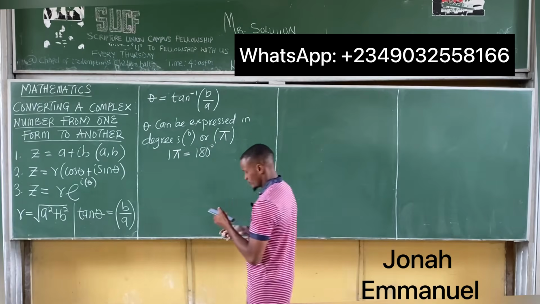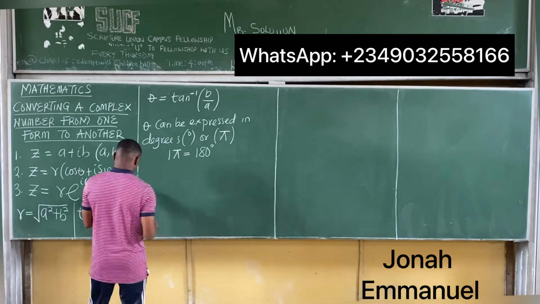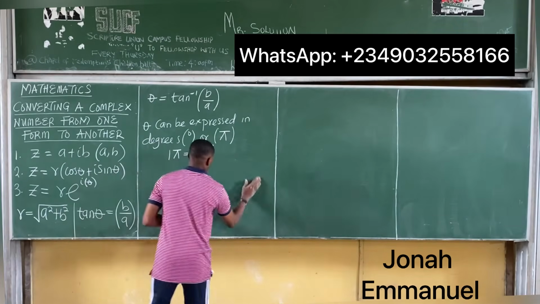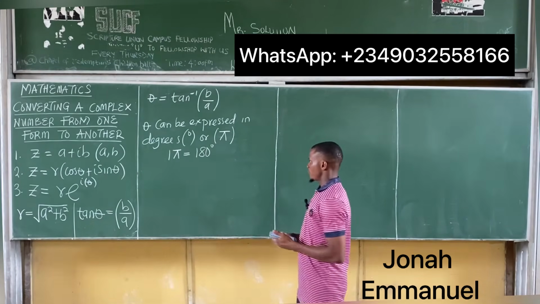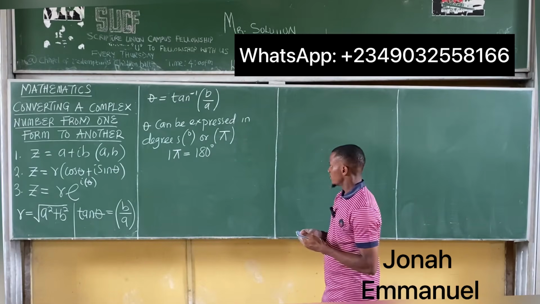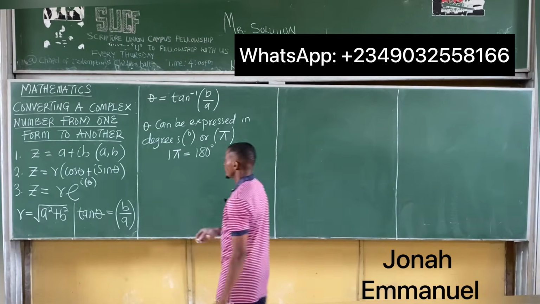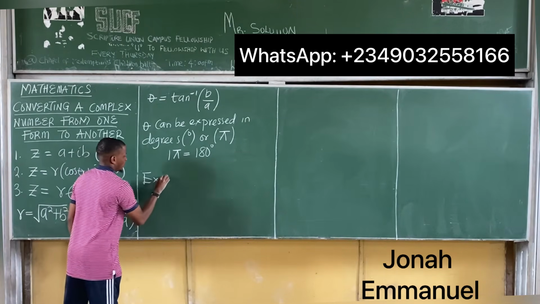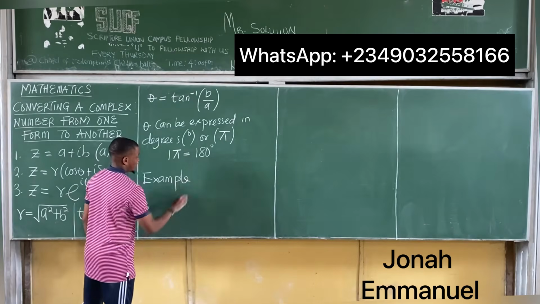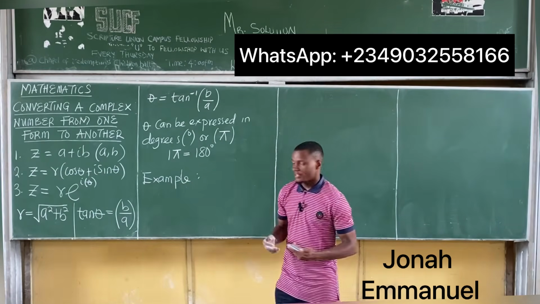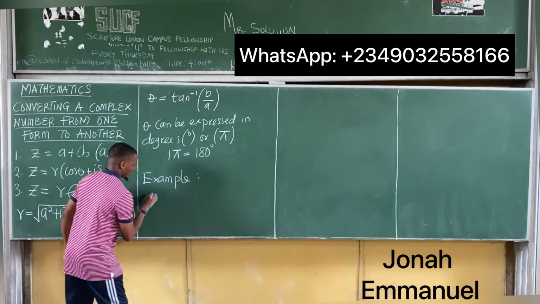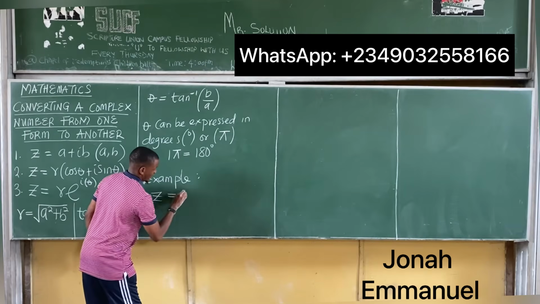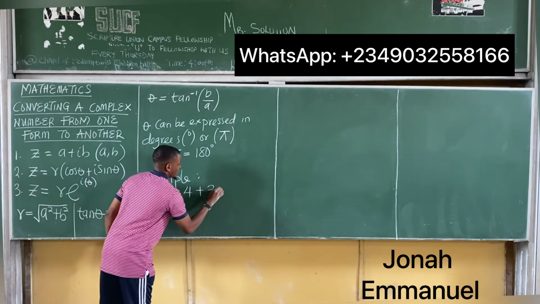Let's say we are given the complex number z equal to 4 plus 3i.